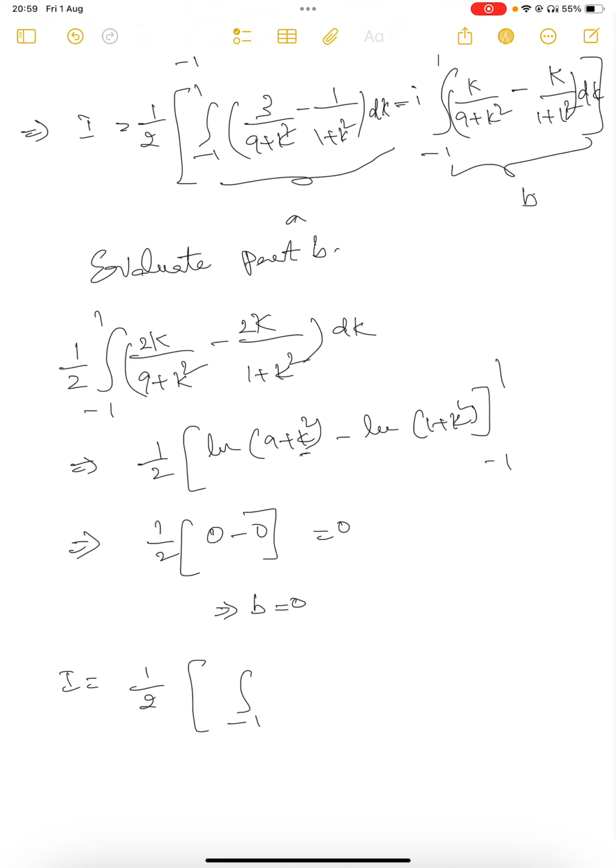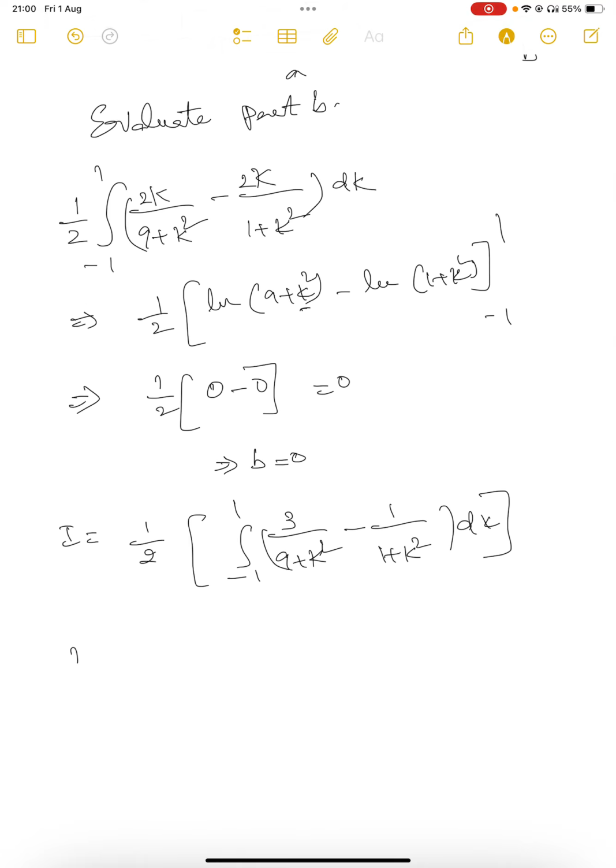Half of the integral from minus 1 to 1 of 3 by 9 plus k squared minus 1 by 1 plus k squared dk, right? Then I equal to, because there is a square term for k here, it will be symmetric.